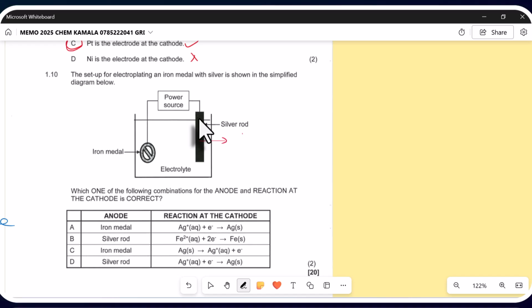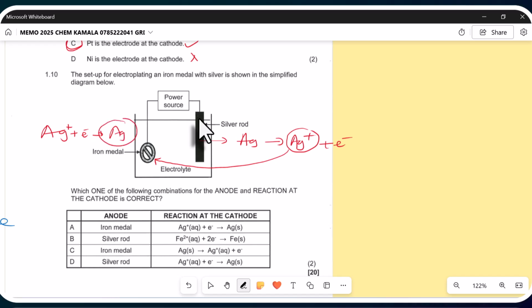So what are they talking about here now? Don't forget that because this one undergoes oxidation, this must be the anode. We have the silver rod, and this side must be the cathode, because that's where we have reduction. They said the anode should be having silver, so the anode can only be the silver rod.